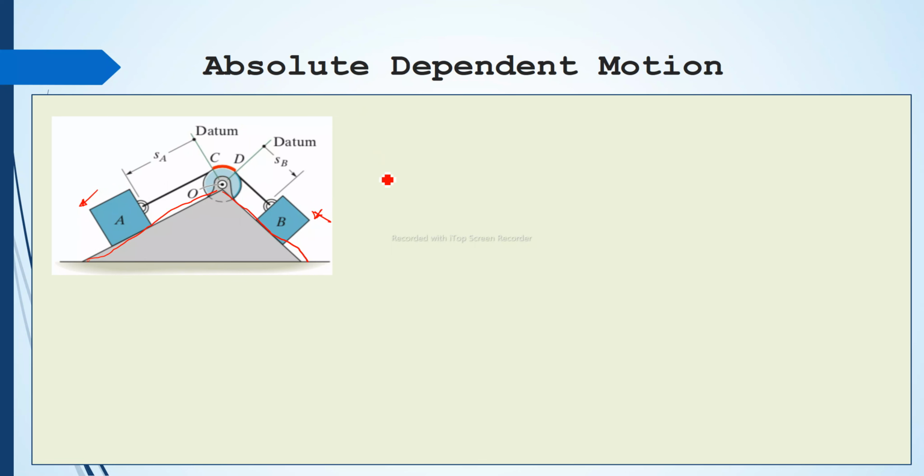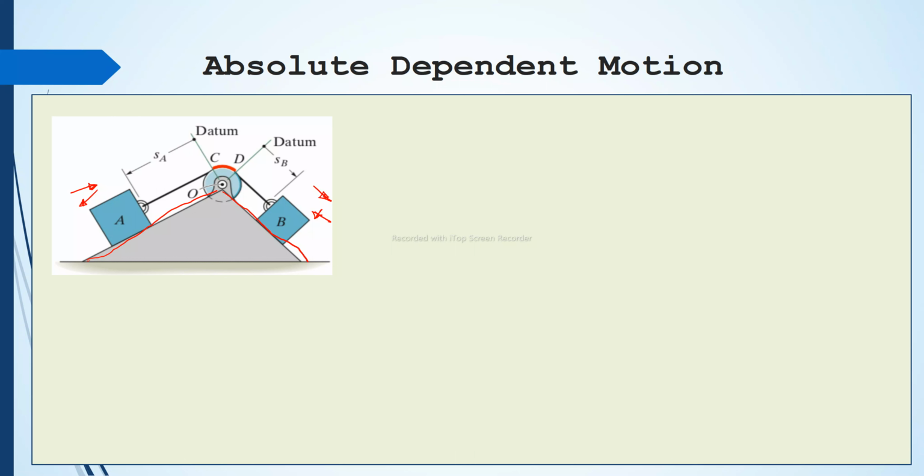And if B moves downward, A will move upward. So this is the absolute dependent motion. One particle is dependent on the motion of another particle. That's why it's an absolute dependent motion analysis of two particles.